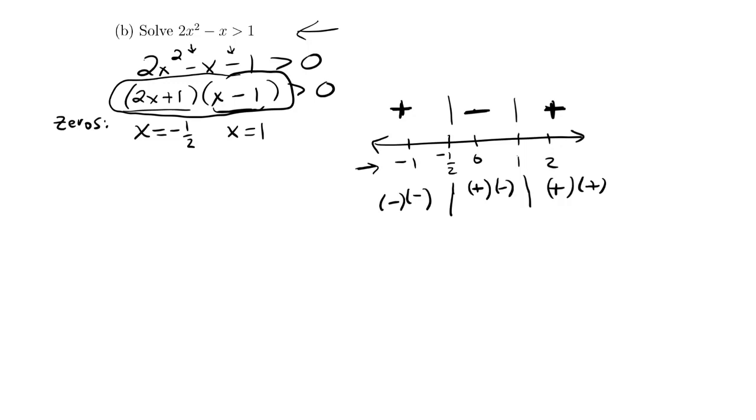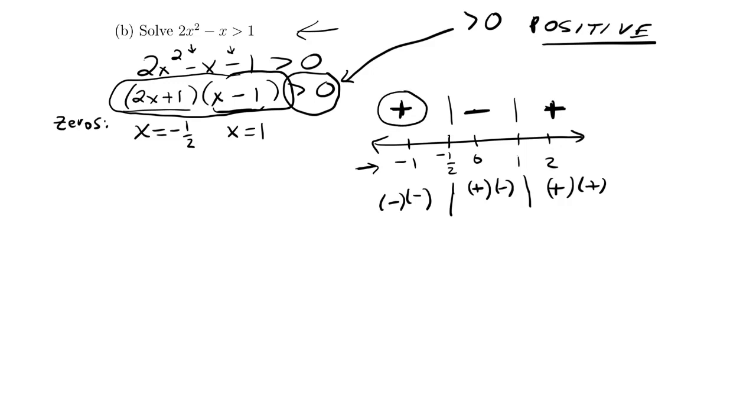So I can go ahead and go back and see, what did I want? Okay. I wanted greater than 0. That would mean positive. So here's one region where it's always positive. Here's another region where it's always positive.